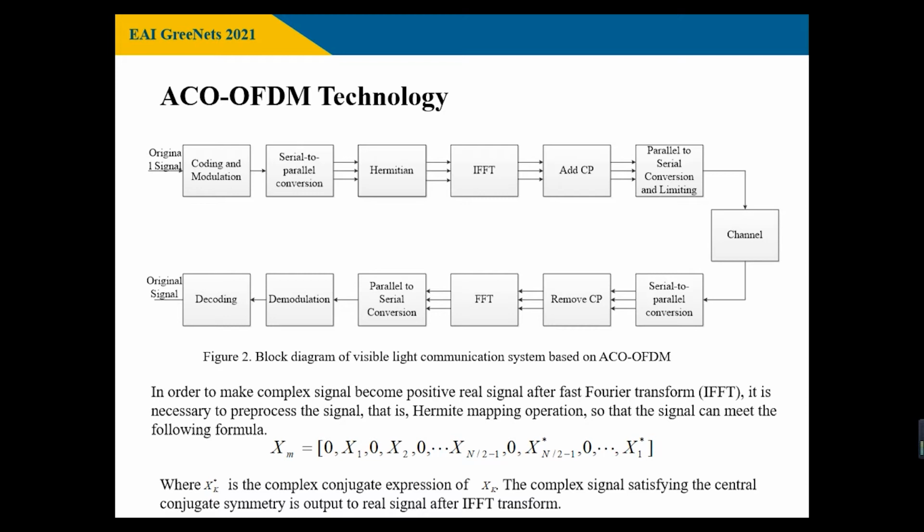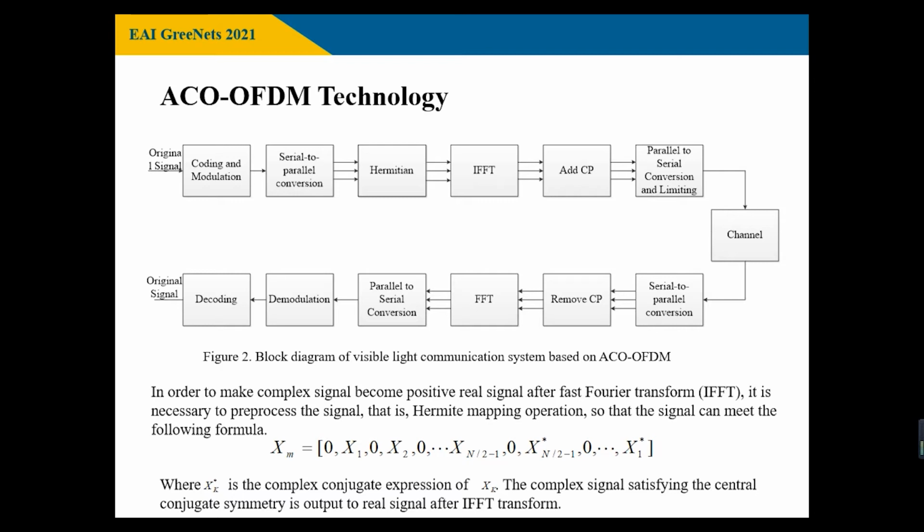Therefore, for optical OFDM, the usual solution is to add a DC bias to the OFDM signal during electrical-optical signal conversion, so that the bipolar signal becomes a unipolar signal, which can be transmitted on light.